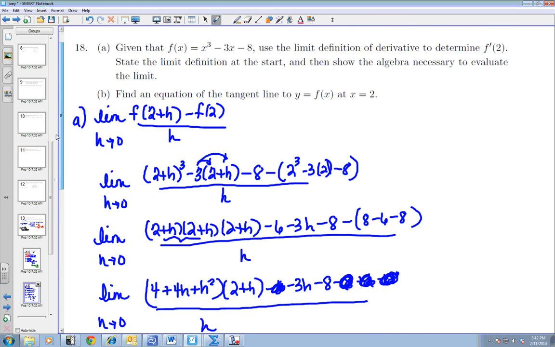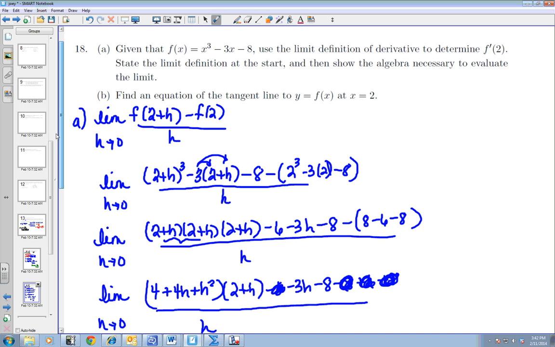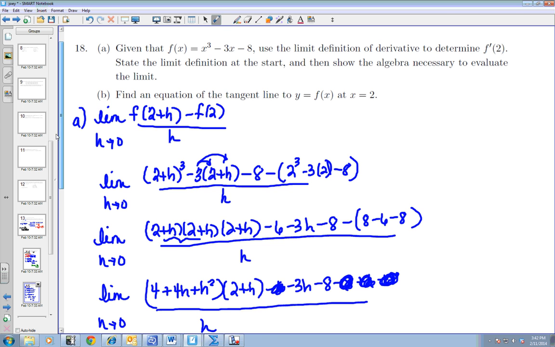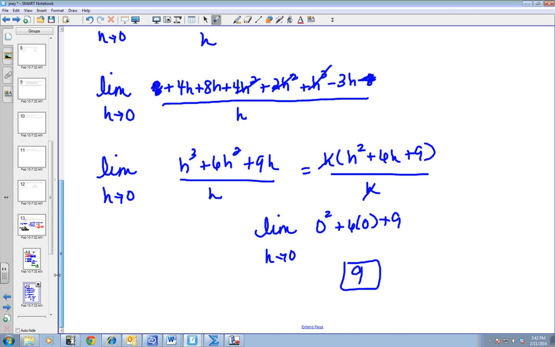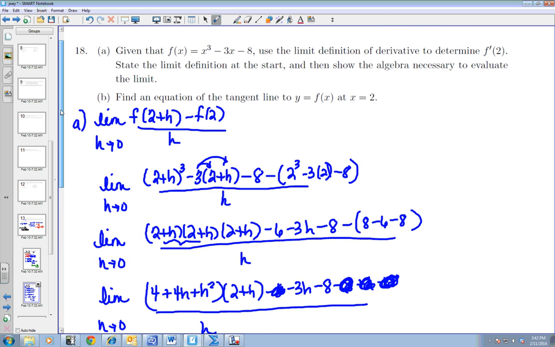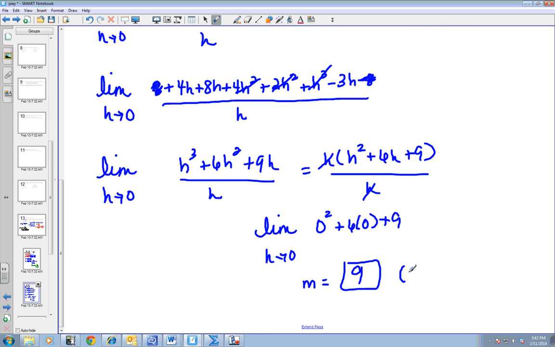Part B said, find an equation of the tangent to y equals f of x at x equals 2. So I know my slope. My slope is 9. I know my point. The point that they gave me in part B was when x is 2. So I know I have the point 2, but I don't know what my y value is.